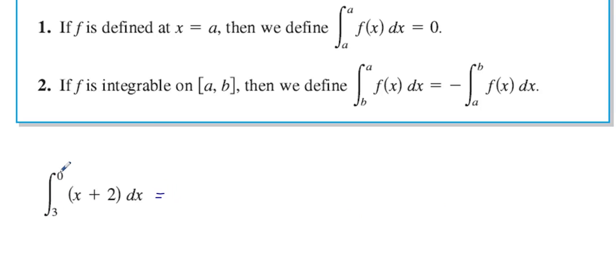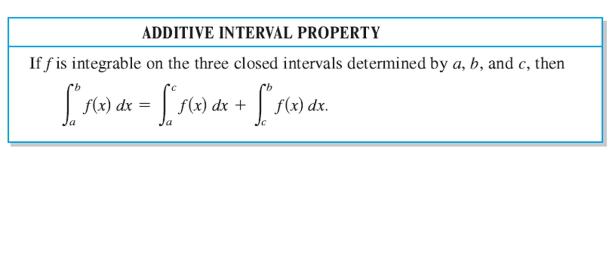Well, if I want to flip the bounds, and I know I need to because the upper bound is smaller than the lower bound, remember, put a negative sign out in front, and you go 0 to 3, and then we need to use parentheses, and then dx. So we know that already. We know we can break up the bounds. Just like we did adding parts of areas together, we can rewrite our integrals that way.